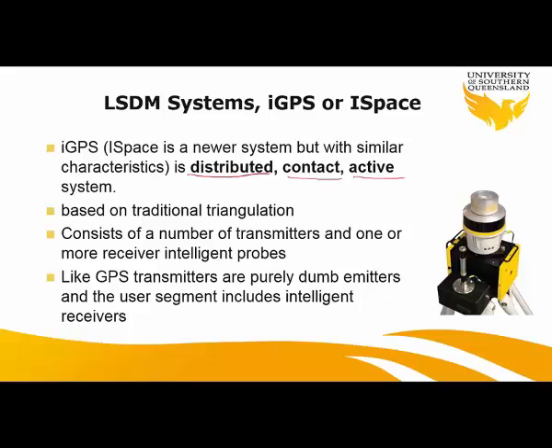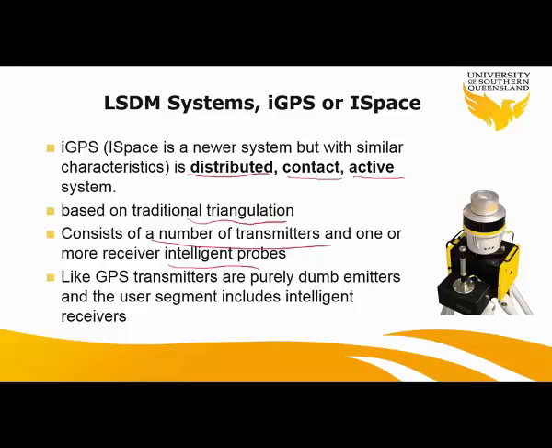How it works is based on the traditional triangulation we had in surveying, so you must know the principle by now. It transmits a laser beam in different planes, and then it has an intelligent probe. I'm telling you why it's intelligent, because it has the image processing software itself.